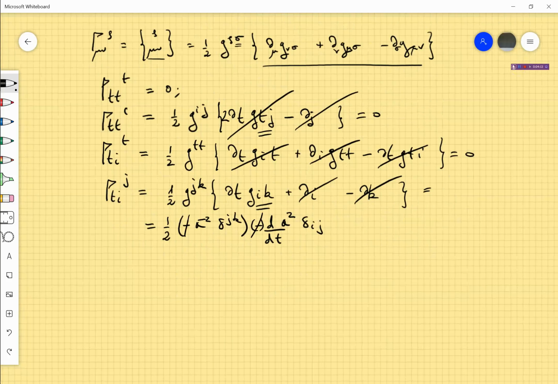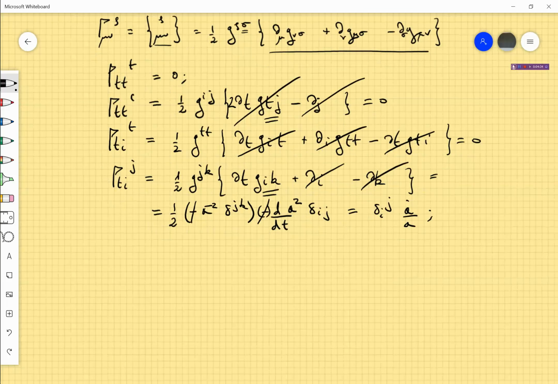These signs cancel. The derivative of a squared gives me a factor of 2, and what I get is delta ij a dot divided by a, denoting by a dot the derivative with respect to time. So this one is different from 0.